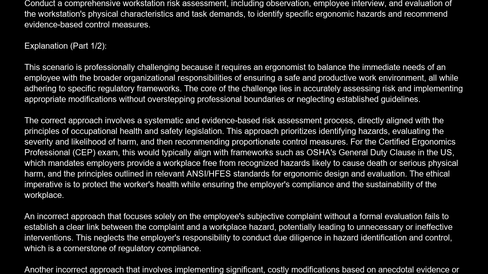An incorrect approach that focuses solely on the employee's subjective complaint without a formal evaluation fails to establish a clear link between the complaint and a workplace hazard, potentially leading to unnecessary or ineffective interventions. This neglects the employer's responsibility to conduct due diligence in hazard identification and control, which is a cornerstone of regulatory compliance.